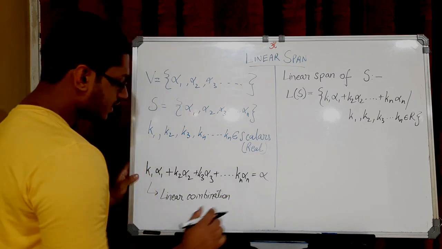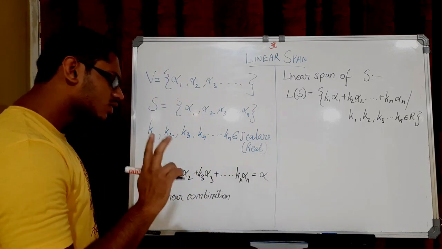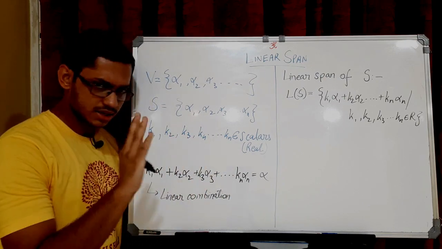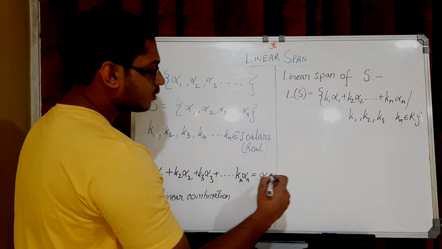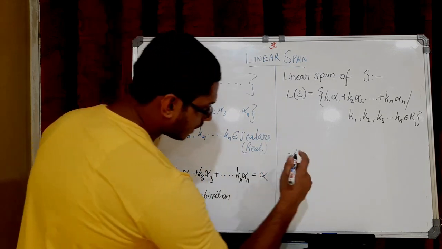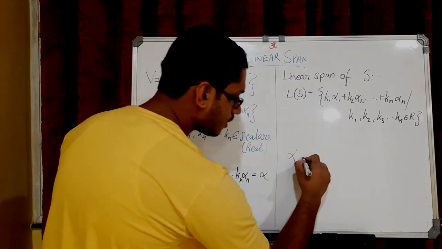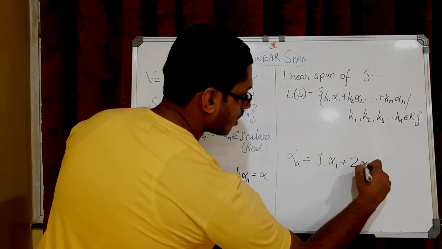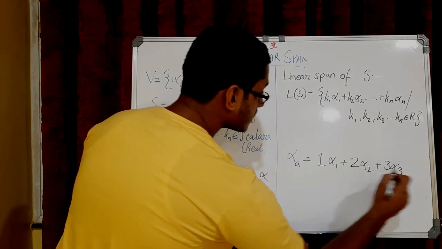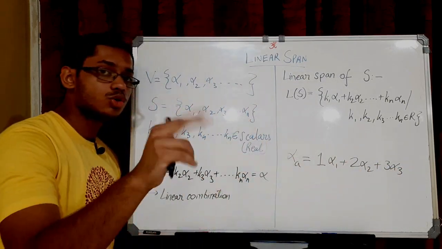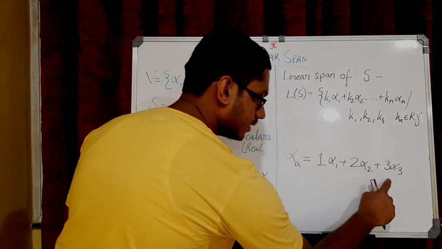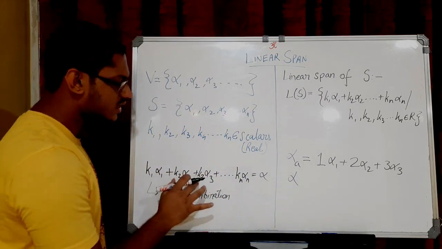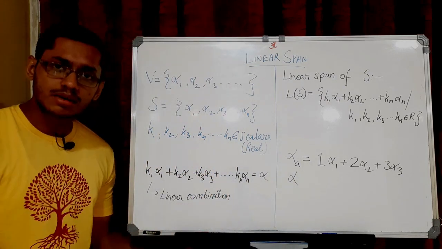For example, if I consider a particular set S which has only three vectors, alpha 1, alpha 2, alpha 3, there will be one vector, let it be alpha a, which is 1 alpha 1 plus 2 alpha 2 plus 3 alpha 3. Here k1 is 1, k2 is 2, k3 is 3. Let us consider another possibility, because k1, k2, k3 can be any real number.